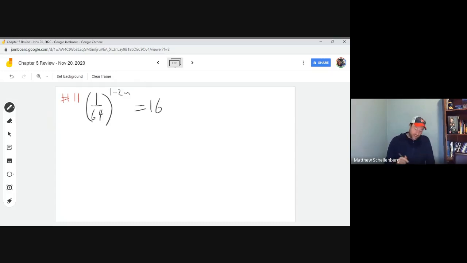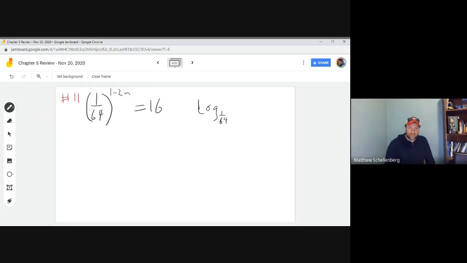So what this would look like in a logarithm is you always have the base, the exponent, and the other stuff, the result. And so the base is always the stuff at the base, under the exponent. So here that would be 1 over 64, which is really kind of funky.